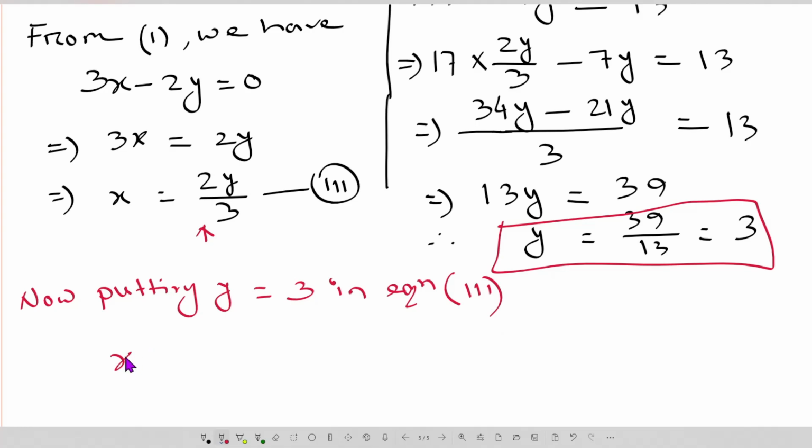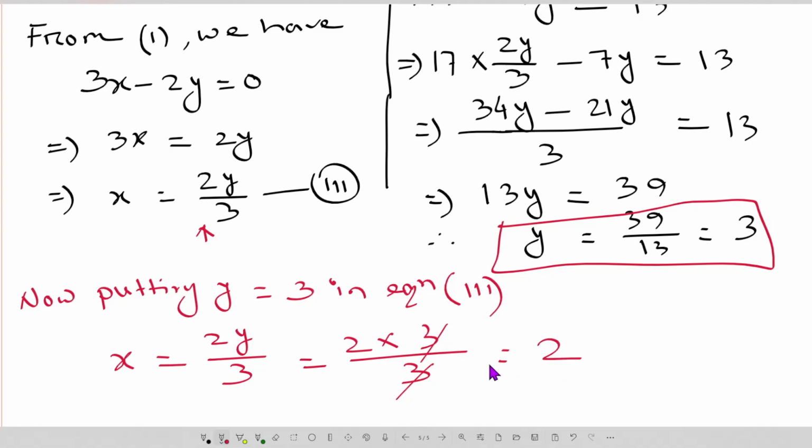Therefore x equals 2y by 3, so 2 times y means 3, divided by 3, so 3 and 3 cancel out, the answer is 2. So we can write x equals 2 and y equals 3, and this is our answer.